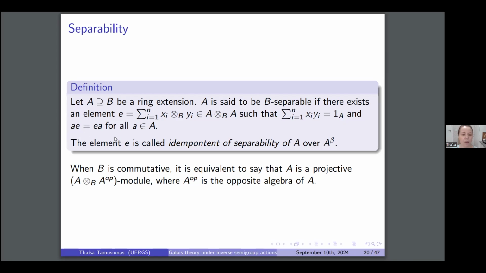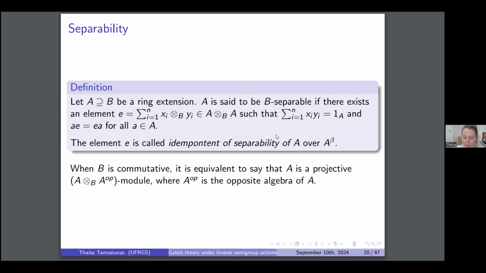And this element commutes with any element of the ring A. This element e is called the idempotent of separability of A over the subring of invariants. And when B is commutative, it is equivalent to say that the ring A is projective as a module over this tensor, where A^op is the opposite algebra of A.